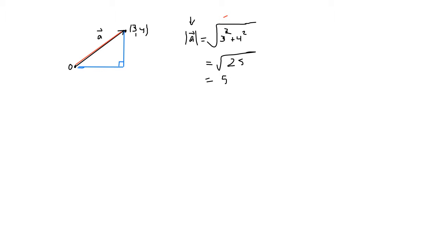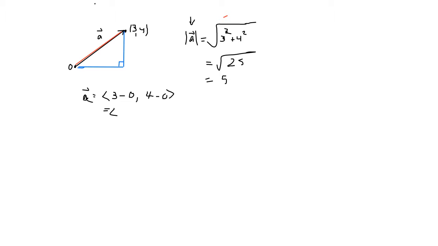And of course, our vector A is 3, 4. But if we wanted to be very clear, if we take 3 and subtract 0, subtract the x components, and subtract the y components, we get 3, 4.